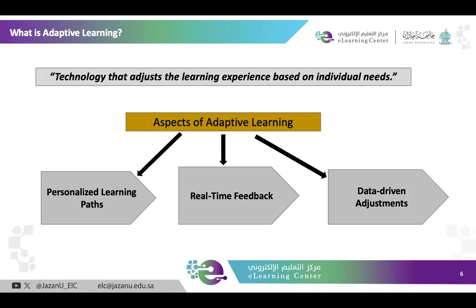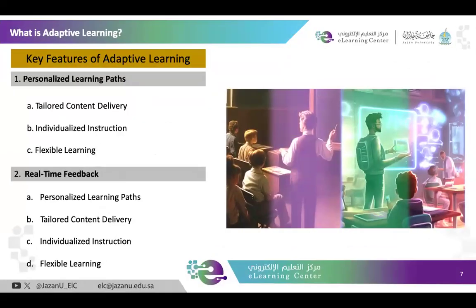If I'm talking about the personalized learning path, as you know, this is the core part of adaptive learning. Okay, let me elaborate. When we are talking about the personalized learning path, we are doing content delivery.